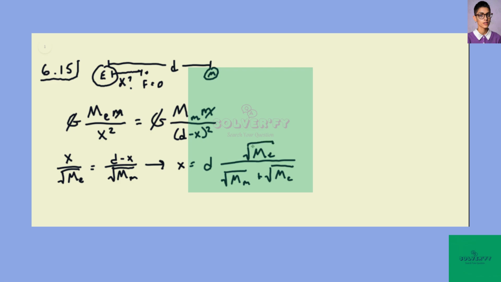So it's a somewhat odd looking expression, but checks out. So the Earth-Moon distance we know, as well as the masses of the Earth and the Moon. And so this works out to be 3.46 times 10 to the 8th meters.